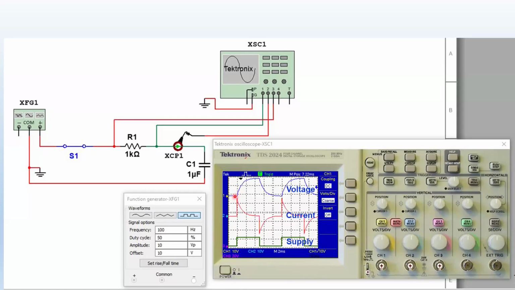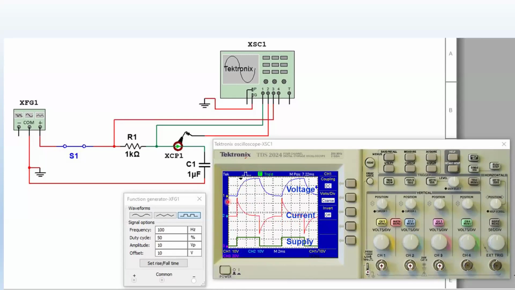But when the capacitor keeps charging and the current gets less, the voltage across the capacitor is going to show as the maximum that it can be when it's fully charged. And the cycle repeats here.